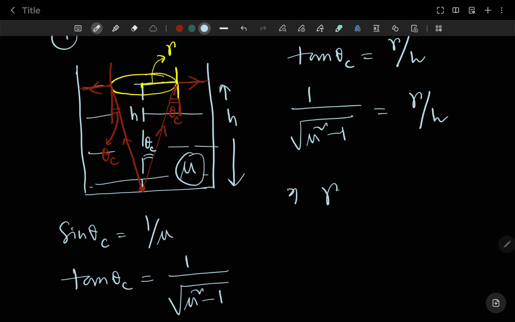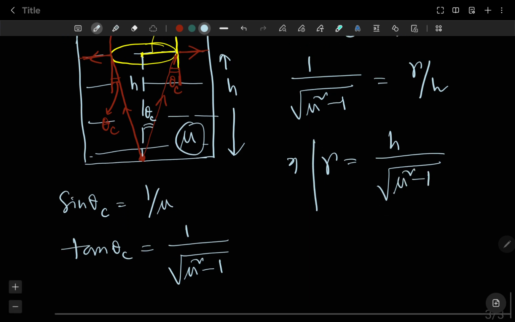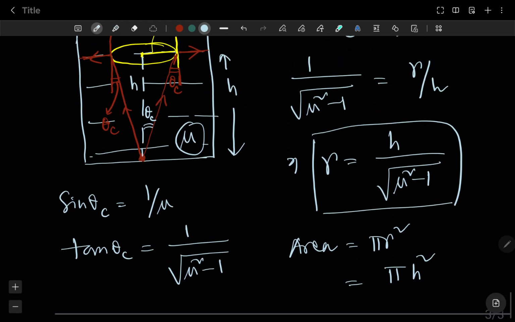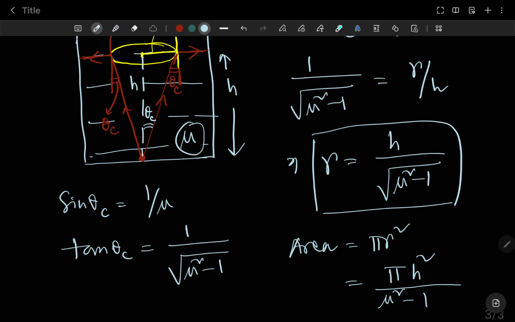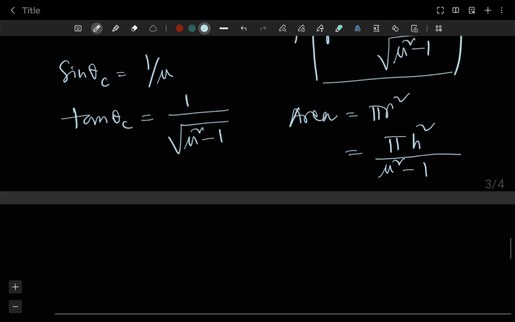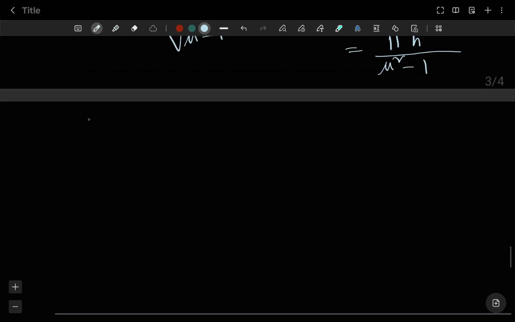So the radius will be h by root over mu square minus 1, and the area will be pi r square, so it will be pi h square by mu square minus 1. Since I am squaring, the root is gone. Okay, fine.